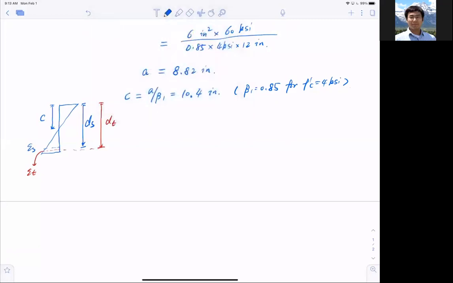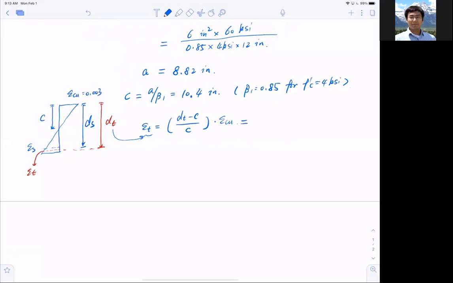So now if I want to check epsilon t, which is the last layer of reinforcement, it equals dt minus c, divided by c, multiplied by epsilon cu. In case you forgot, epsilon cu equals 0.003, the crushing strain of the concrete.